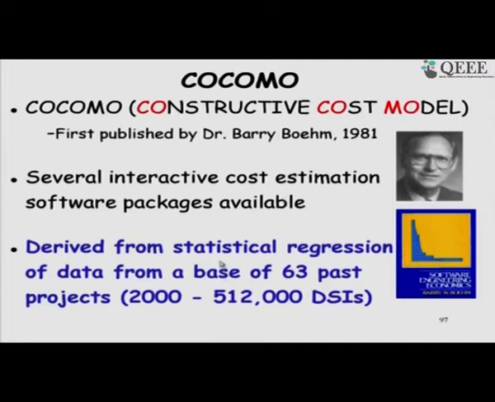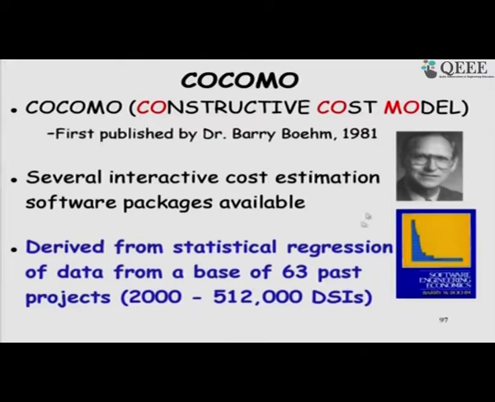He considered regression analysis, because in all these algorithmic models the weights are finally computed based on regression analysis. He considered 63 past projects of varying sizes, and based on it he gave the size in lines of code. So, COCOMO 1 used only lines of code.